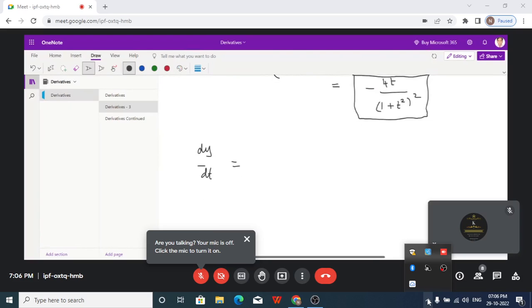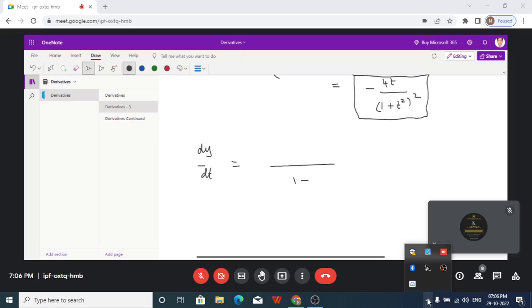T by 1 plus t square, இல்லையா? நான் இங்கே எழுதிக்கிறேன் y equal to 2t by 1 plus t square. So dy by dt is 1 plus t square, the whole square, then v into du by dt, 2, minus u into dv by dt, which is 2t.